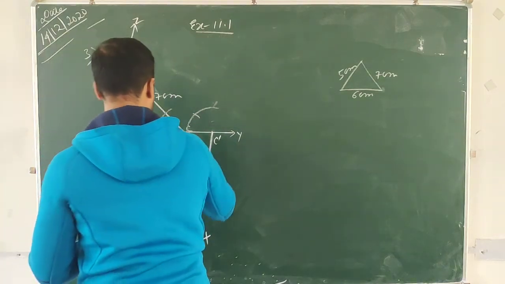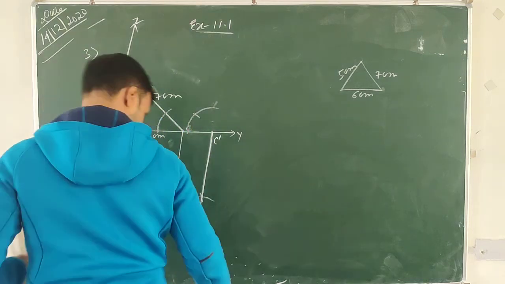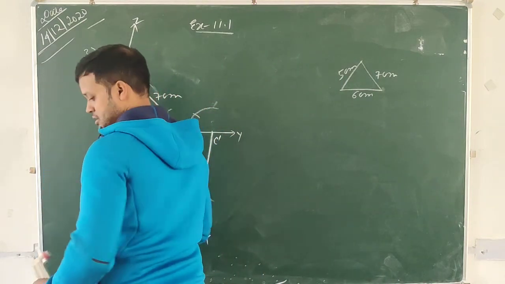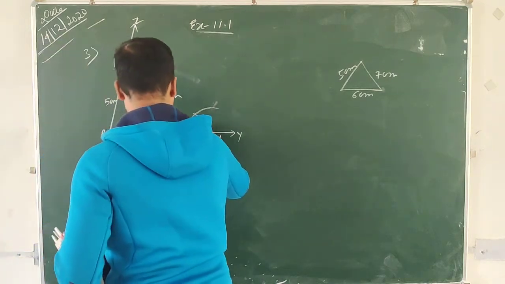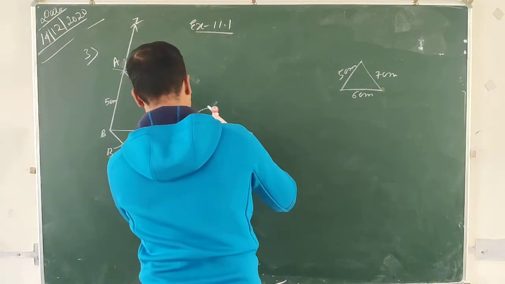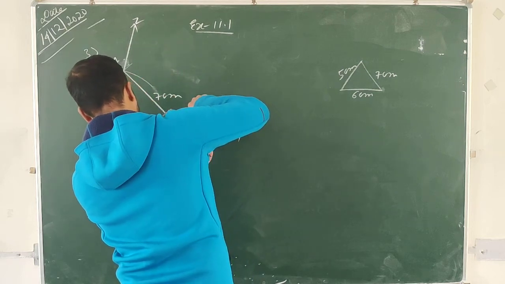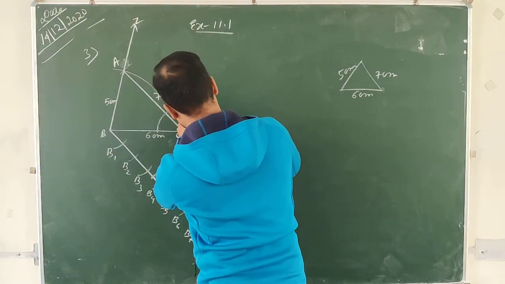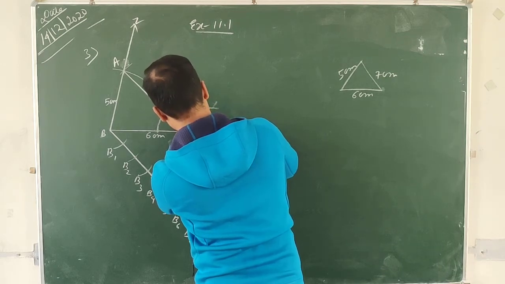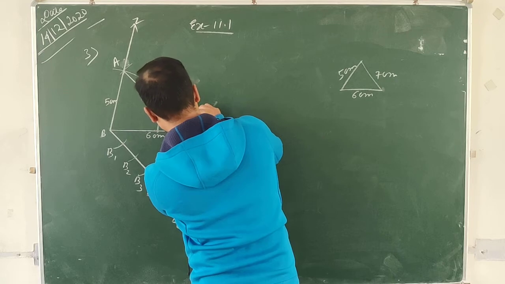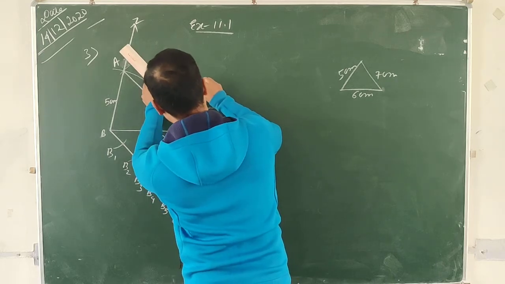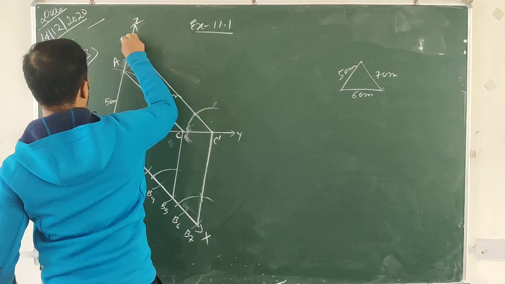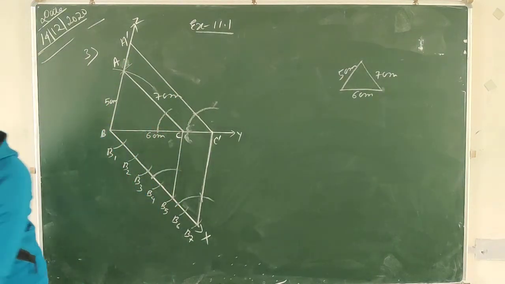Now the point is C. Now this point will be P dash.